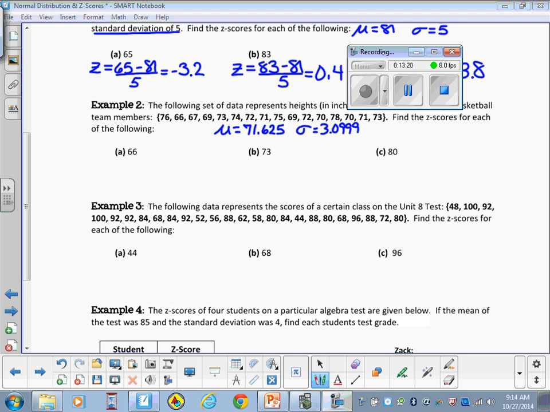Well, let's plug in some values here. Z equals this person's height minus the team average divided by the standard deviation on the team.